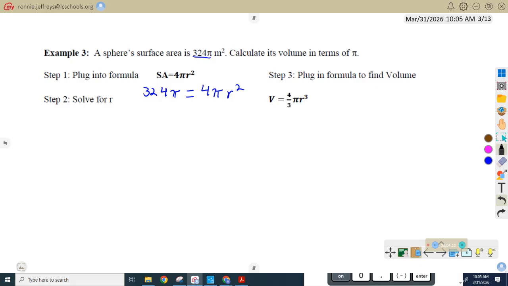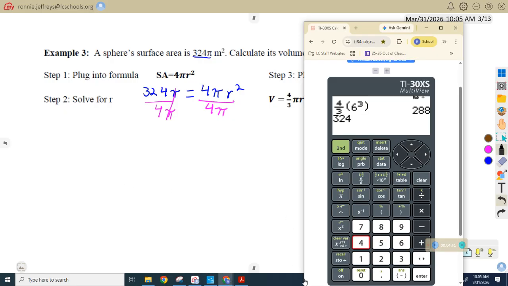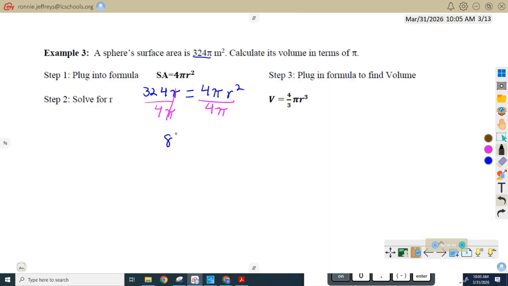If it's being multiplied by 4 pi, what can we divide out at the same time? So the pi's cancel. All right, and then 324 divided by 4. All right, so 81.